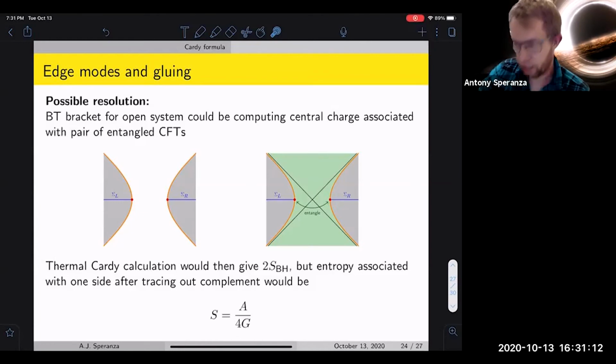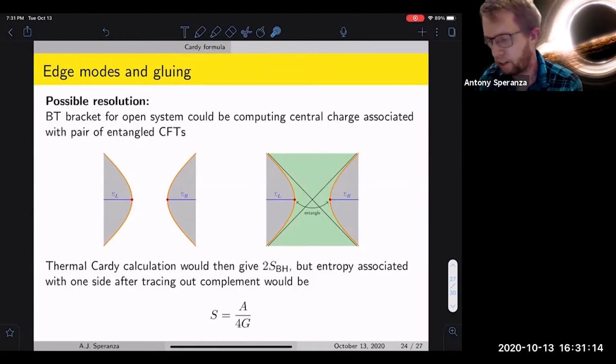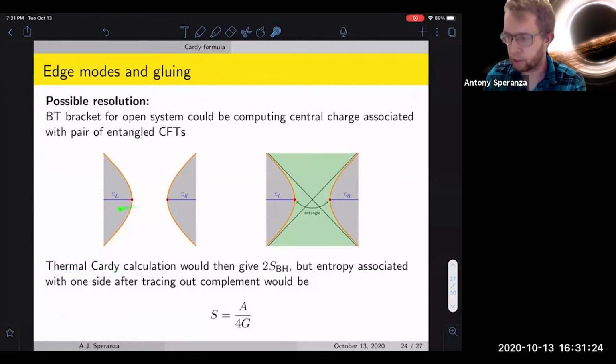If this was what the bracket were computing, and we then applied the thermal Cardy formula, you end up getting a factor of 2, because the Cardy formula assumes that the global state associated with both is thermal. That just gives you twice the entropy.